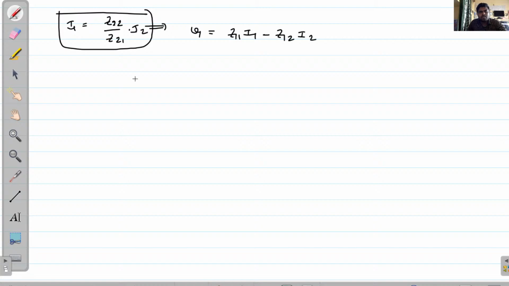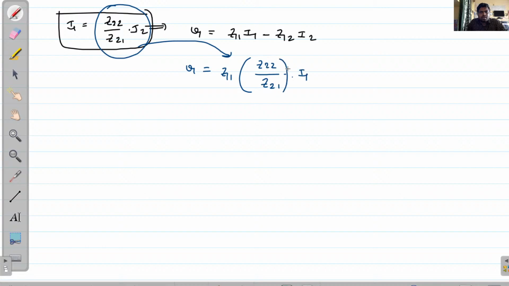So now V1 equals Z11, where I1 equals this entire thing. You can substitute here. So you will get Z22 by Z21 into I2 minus Z12 into I2. So from this entire expression, you can take common factor as I2.